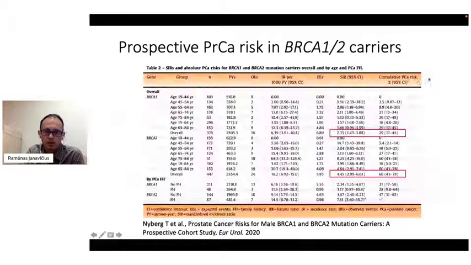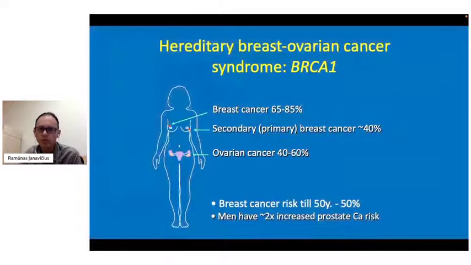And here is some tabulated data which is quite important for risk counseling in clinical practice. Just to remind some of you, hereditary breast and ovarian cancer syndrome involves two genes, BRCA1 and BRCA2.